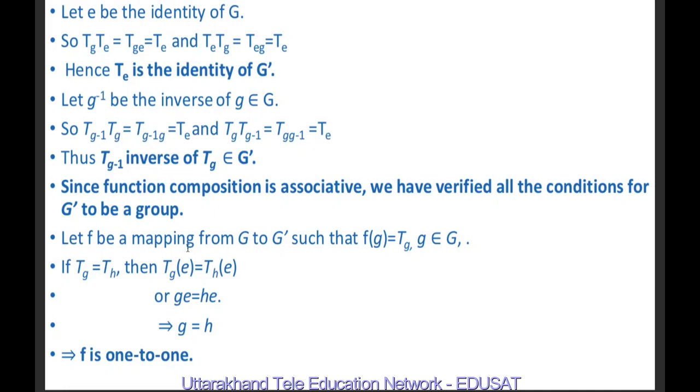So we have defined a function from G to G' so that f(g) equal to Tg. If Tg is equal to Th, then Tg(e) equal to Th(e) by definition. So this is ge equal to he, and this implies g equal to h. Therefore f is 1-1.